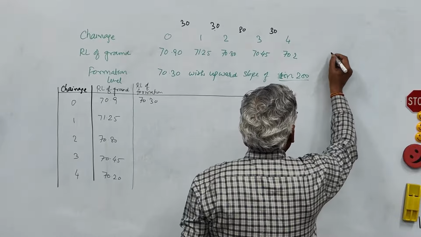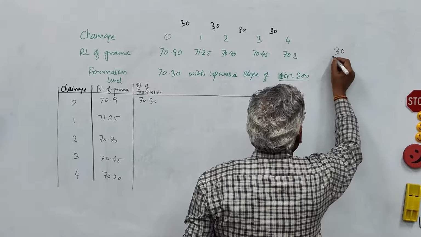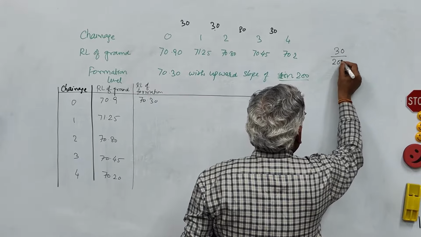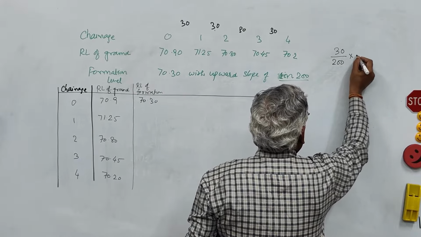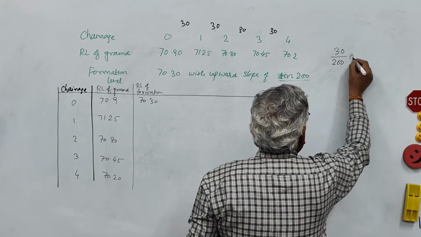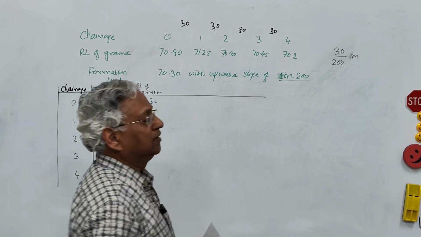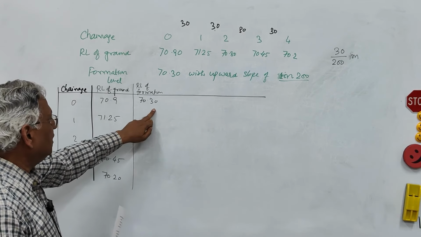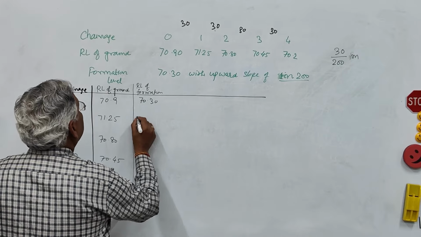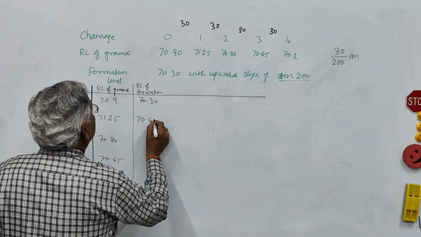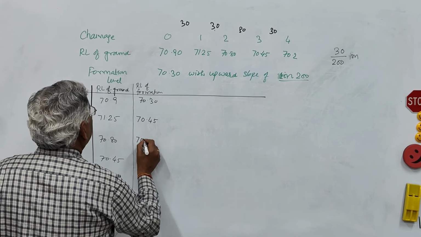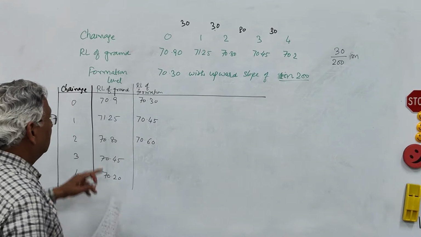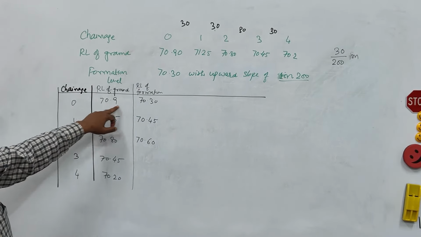So in 30 meter length, the gain will be 0.15. That is 30 upon 200. 0.15 meter. So 70.3, the next point will be 70.45. This will be 70.60. This is the RL of formation.